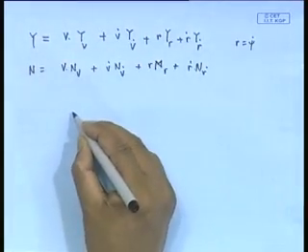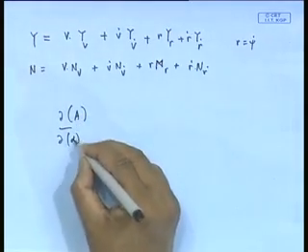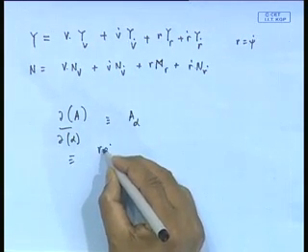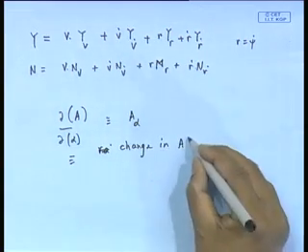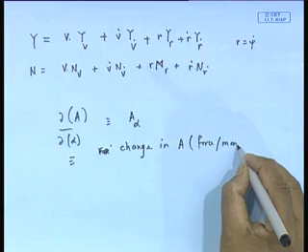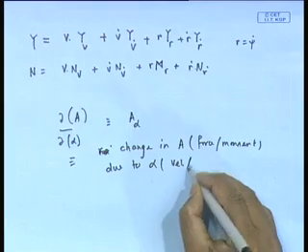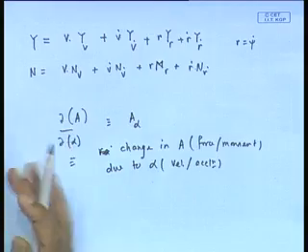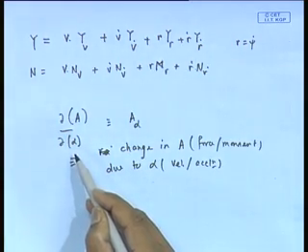Basically, see here, what is the term? Rate of change or slope of either a force or moment, depending on whether it is y or n, against a motion variable which is either a velocity or acceleration, linear or rotation.